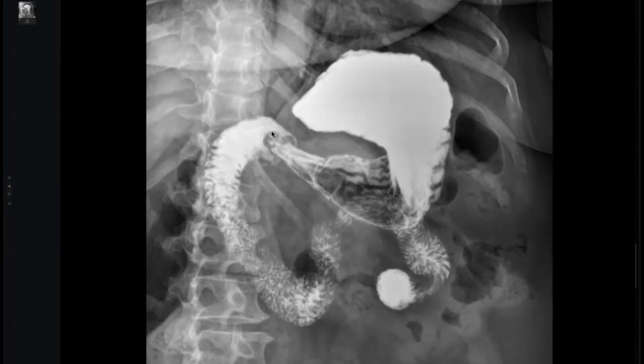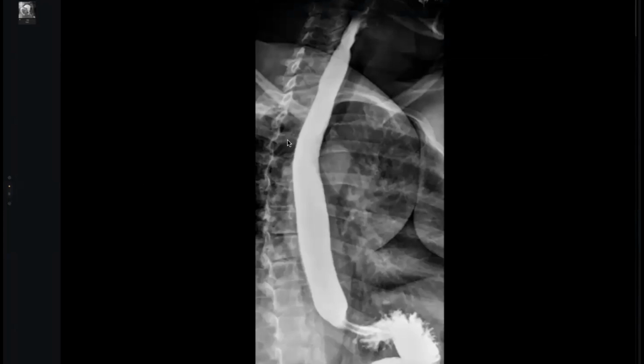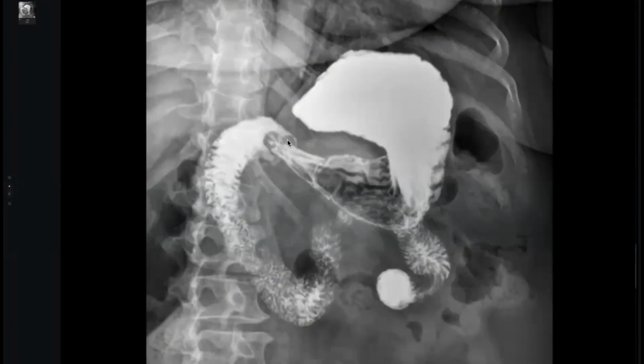See, what is this? Okay, this is ulcer. Not ulcer. When we see something filling the lumen, what is the name of this? Yes, excellent. Filling defect.